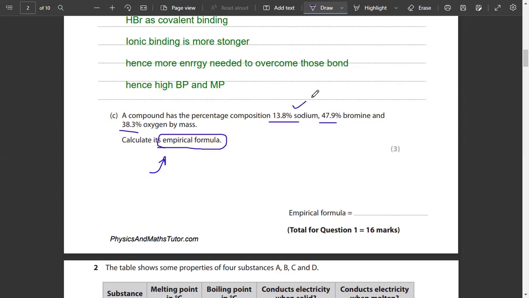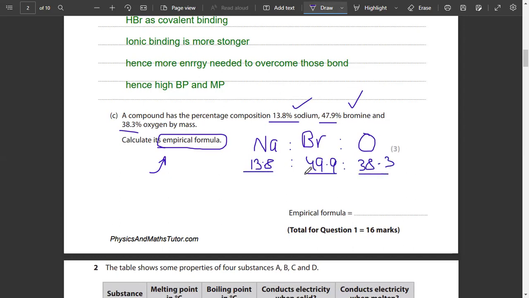Which ones are given? Sodium, bromine, and oxygen. What is the percentage of sodium given? 13.8. Bromine? 47.9. And oxygen? 38.3.